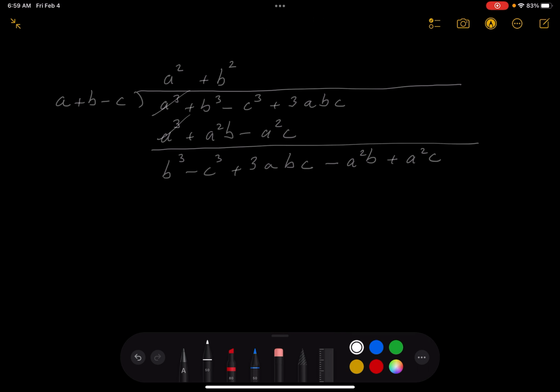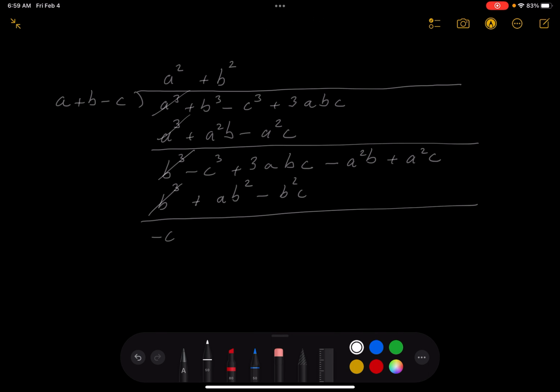I'm going to write down B cubed plus AB squared minus B squared C. Well, this disappears. Right, and that's good news. All right, so what do I get? Let's write this down.